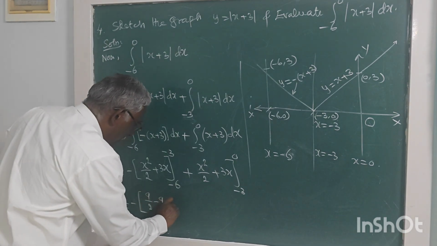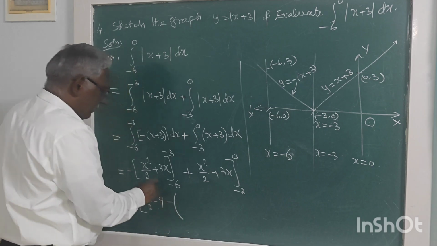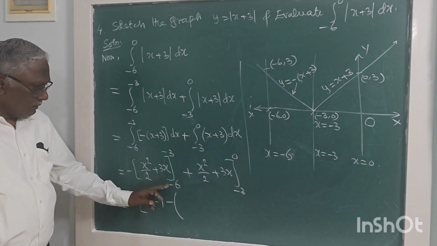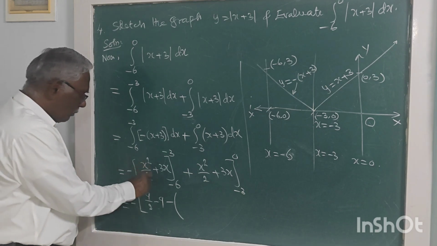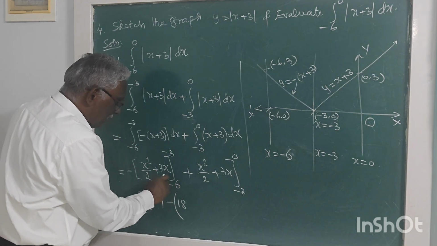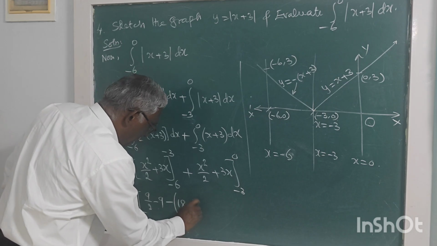Then minus of, for x you have to substitute the lower limit. Minus 6 whole square is 36 by 2, which is 18. Then 3 into minus 6 is minus 18.